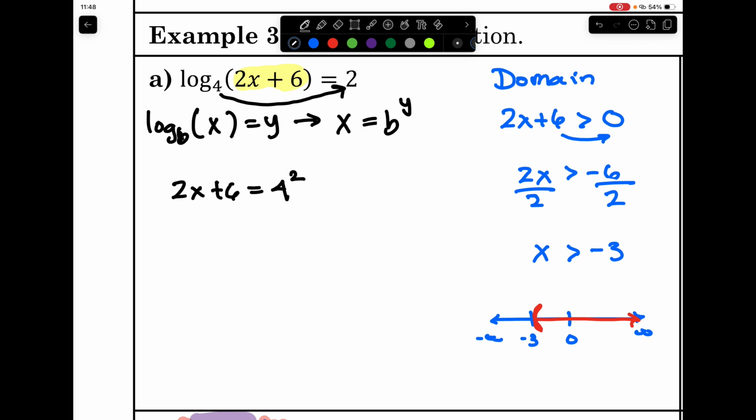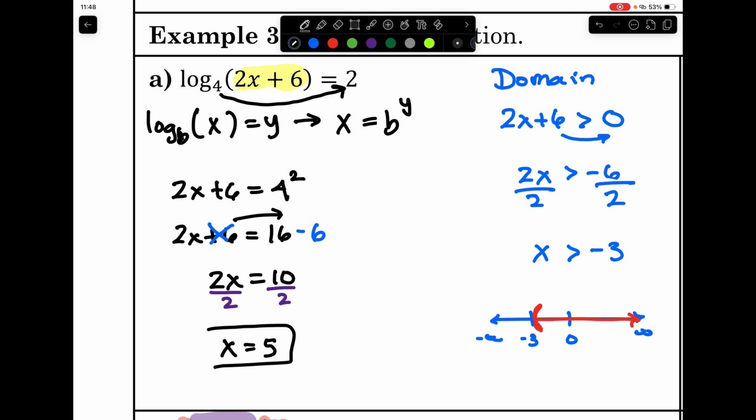Now simplifying, we get 2x plus 6 equals 16. Moving the 6 to the other side, 2x equals 10, and dividing both sides by 2, we find that the value of x is positive 5.